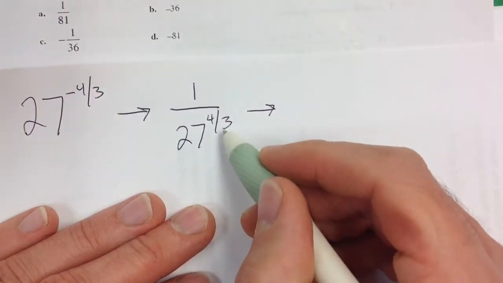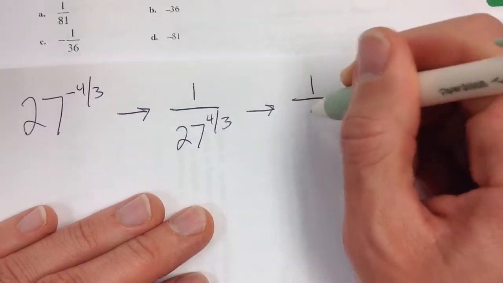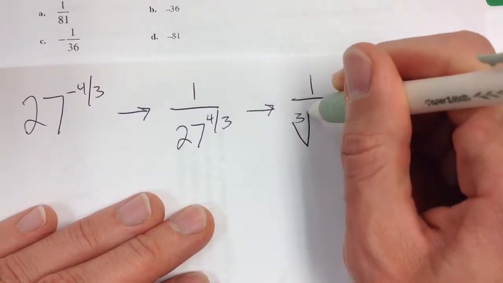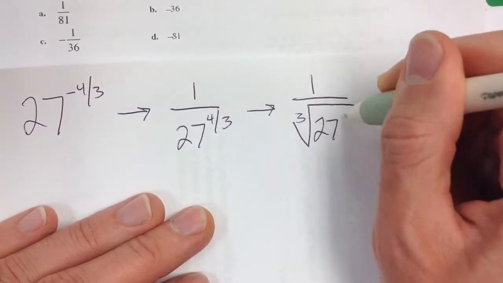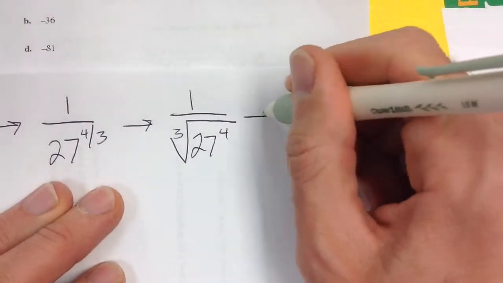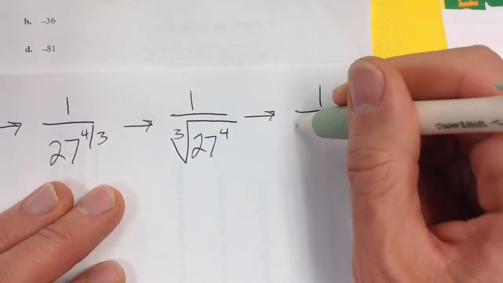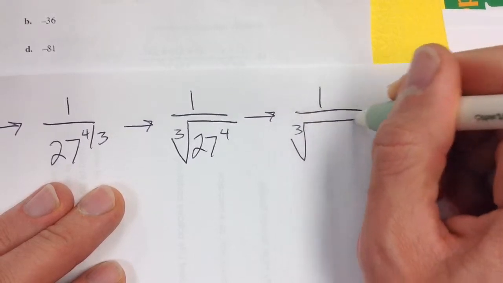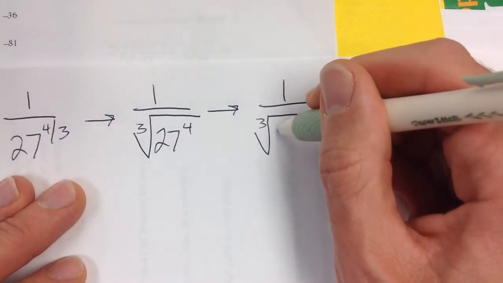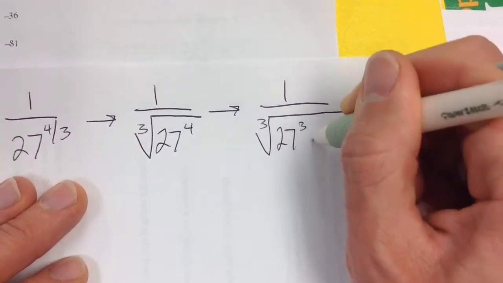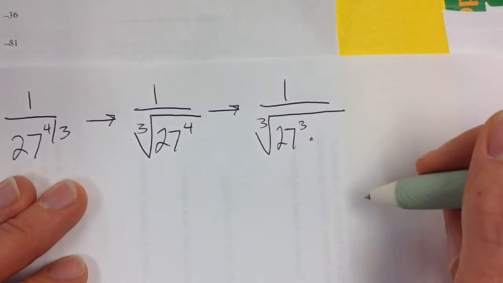What's the 4/3 power mean? Nice job. The third root or the cube root of 27 to the 4th. That's the same thing as 27 to the 3rd times 27.